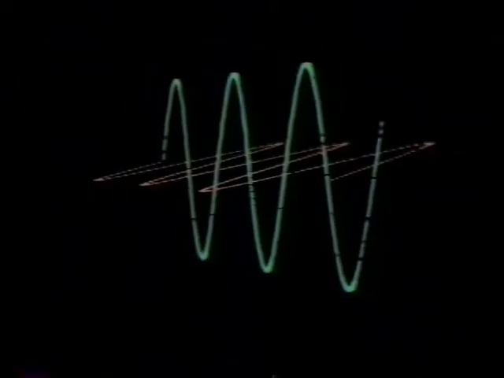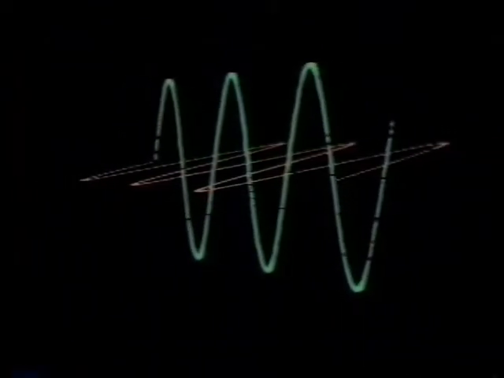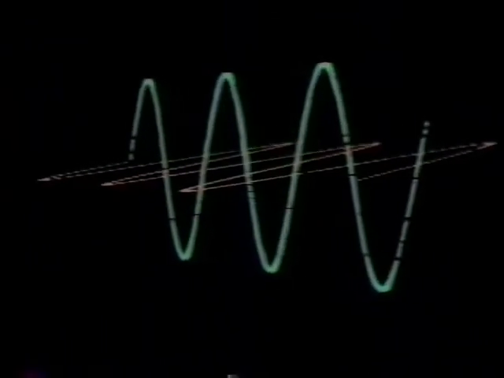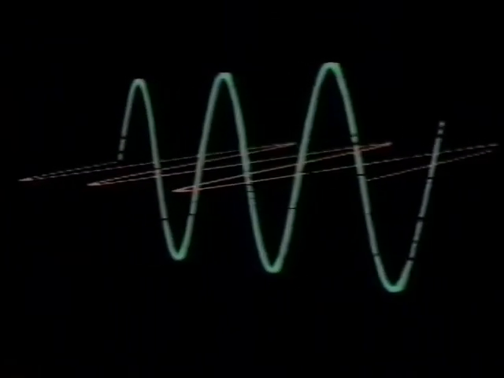Changing the frequency or the wavelength of the wave changes the color of the light. Lower frequency, longer wavelengths produce red light, while the higher frequency, shorter wavelengths produce blue light.